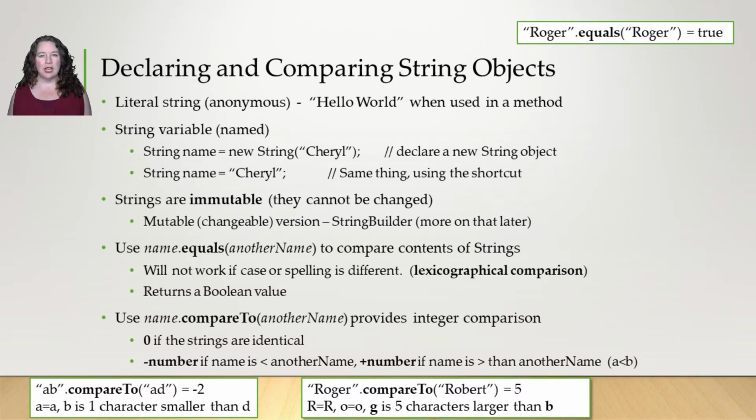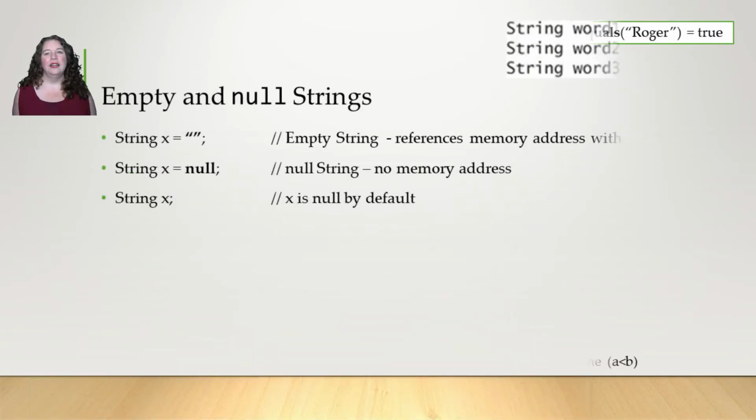We use this a lot in alphabetical searching. If we want to alphabetize or sort our strings, we would use the compareTo method to figure out which side to sort on. We'll get into sorting later, I promise.